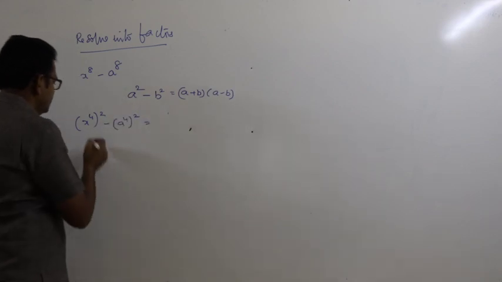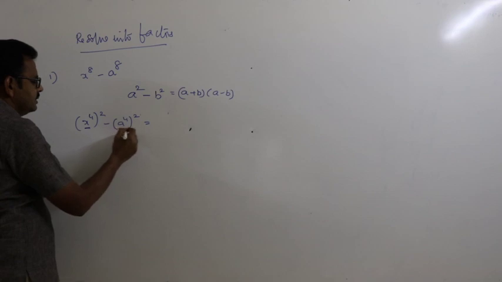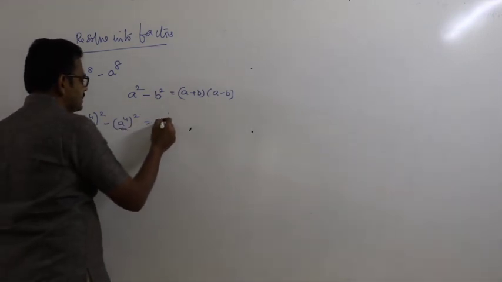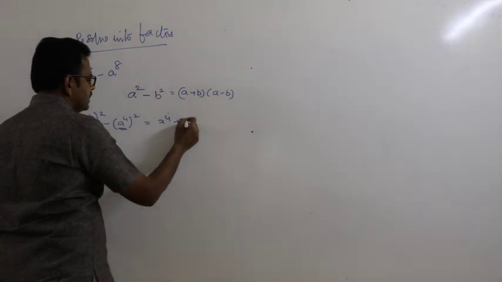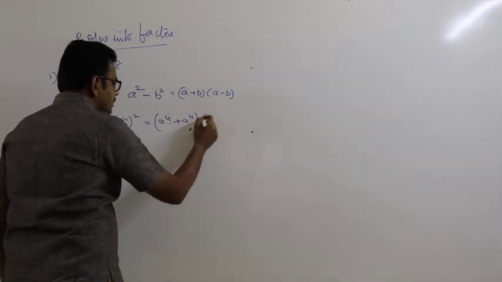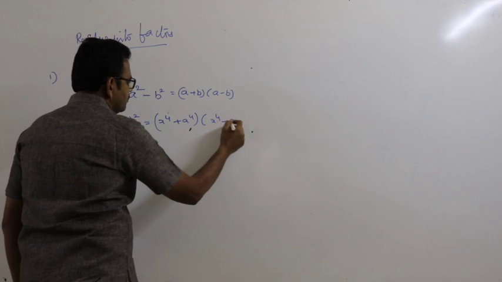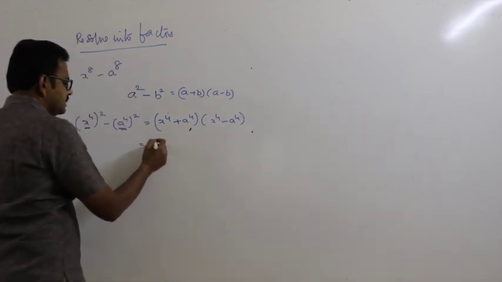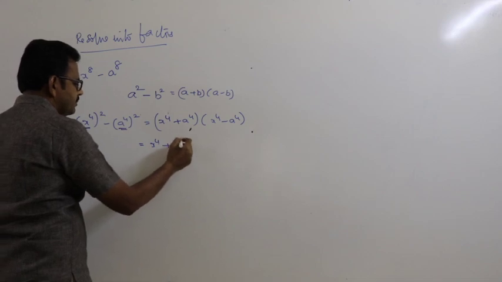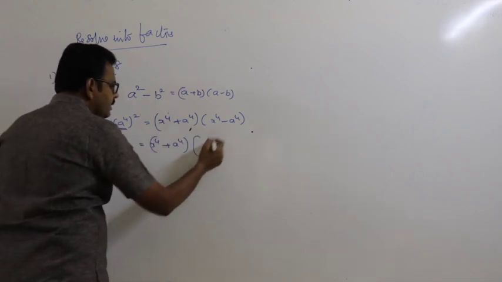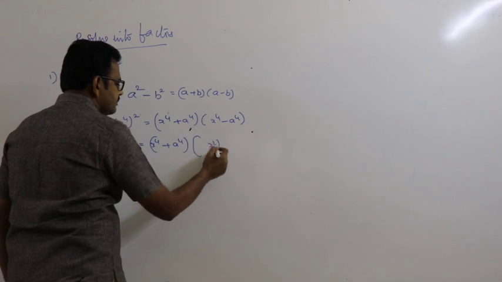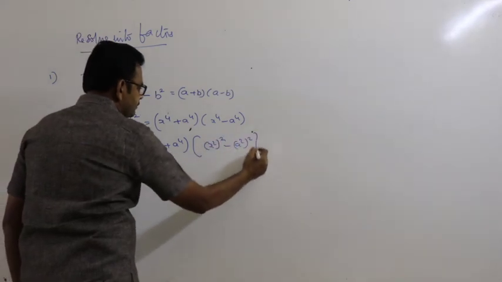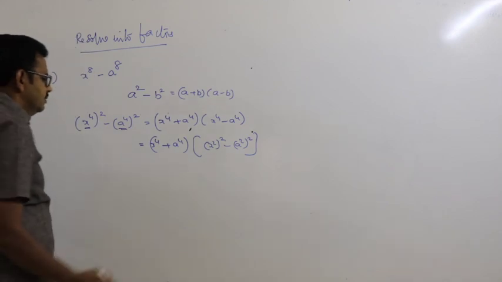That is, this is just like a square minus b square form. So this is x power 4 plus a power 4 into x power 4 minus a power 4. That is x power 4 plus a power 4 into, again write x square whole square minus a square whole square.